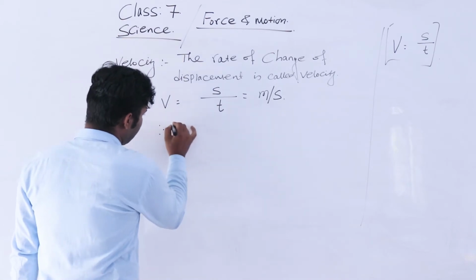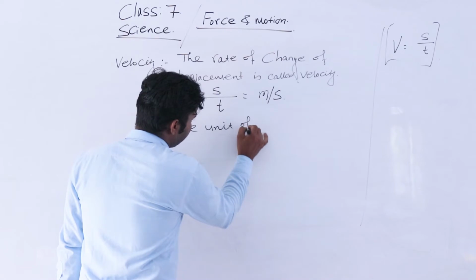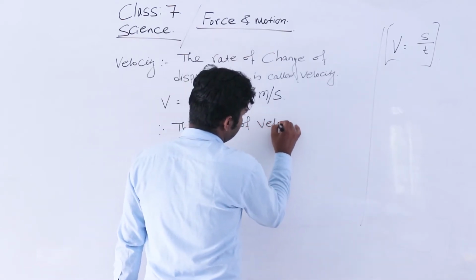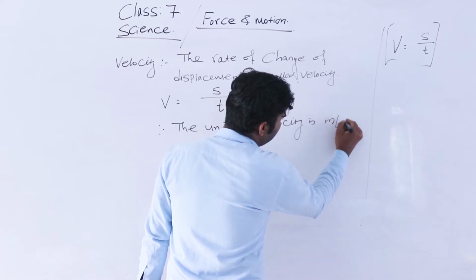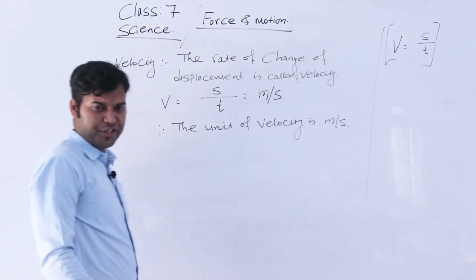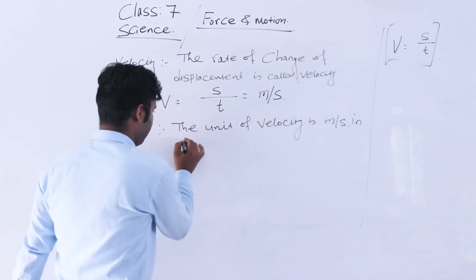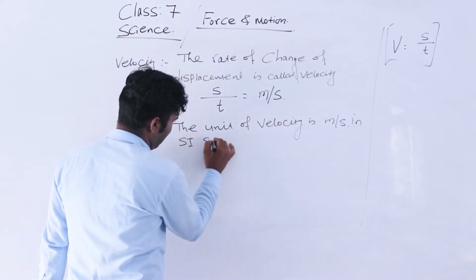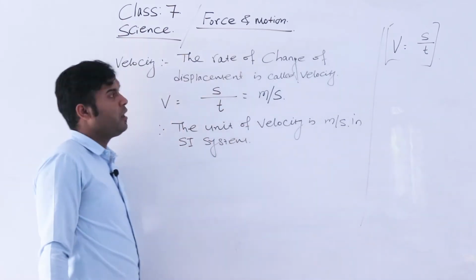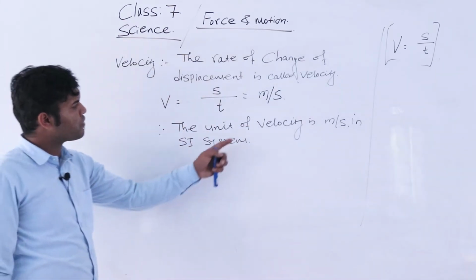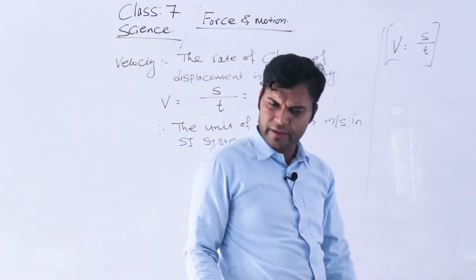In the CGS system, likewise, its unit is centimeter per second.